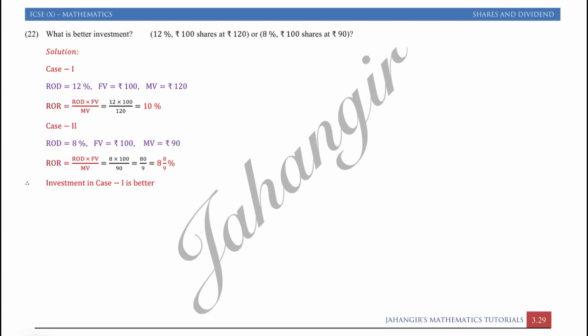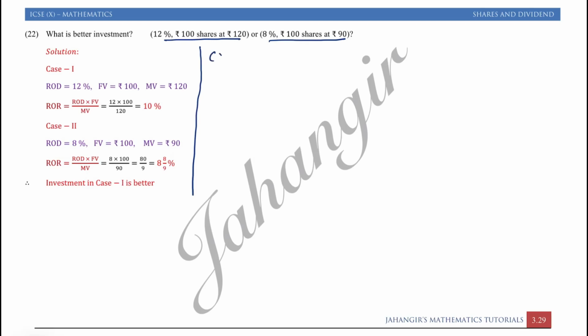Question number 22. Which investment is better? First case, second case. Let us find the rate of return in both cases. The more the rate of return, the better is the investment.